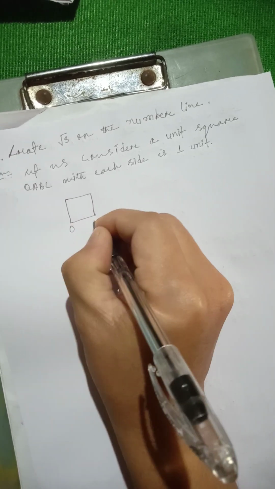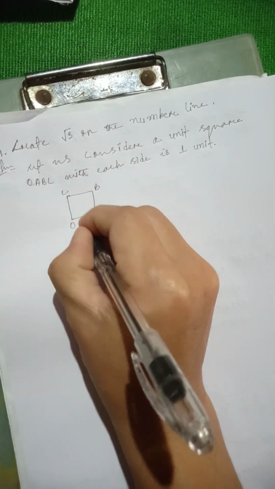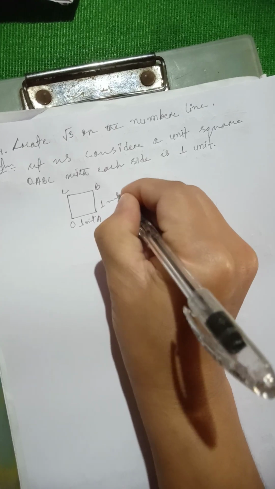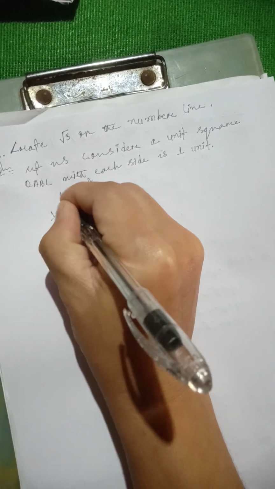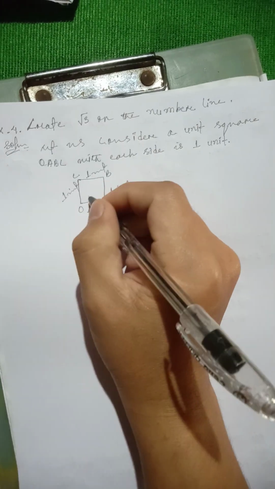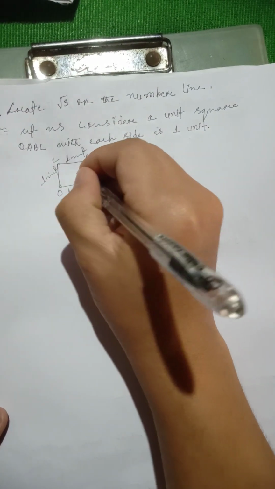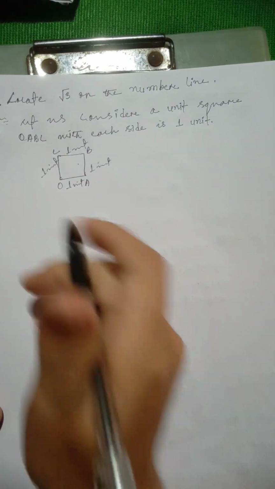Here let us name it as O, here it is A, here it is B, then C. Its side is 1 unit. From here we have to find root 3. Firstly, in order to find root 3 we have to find root 2, then we proceed like this.